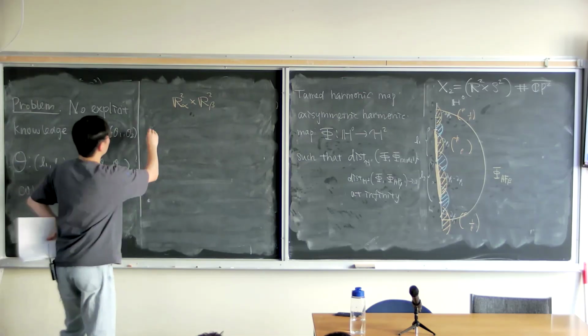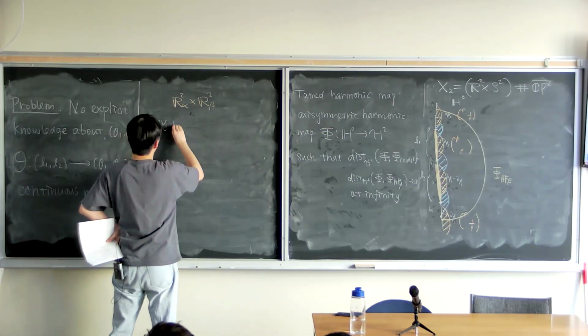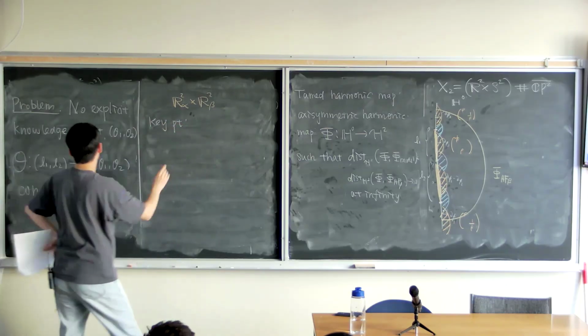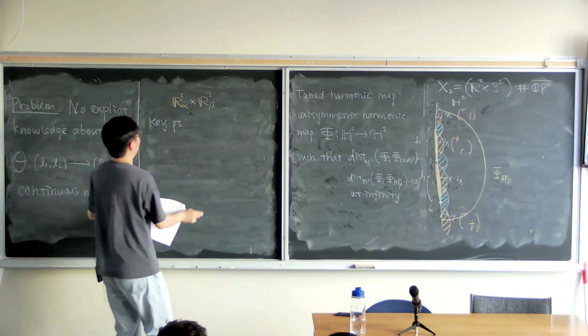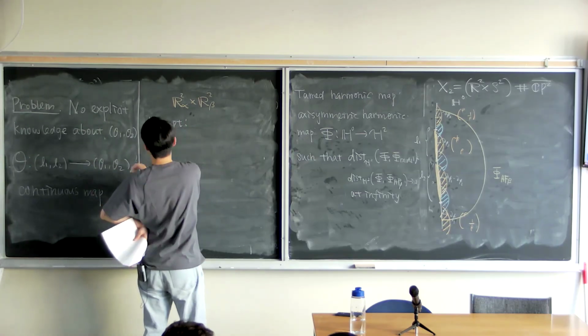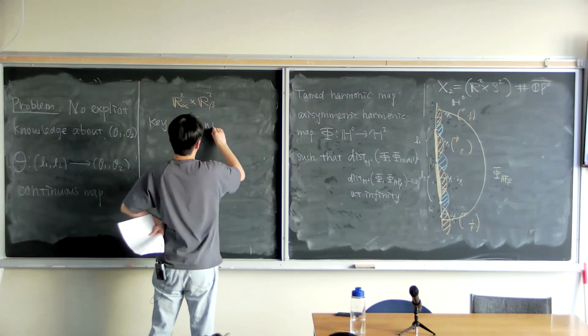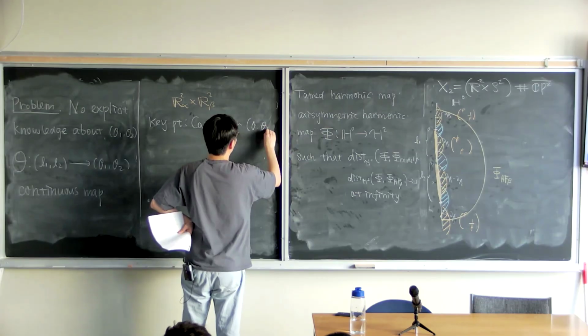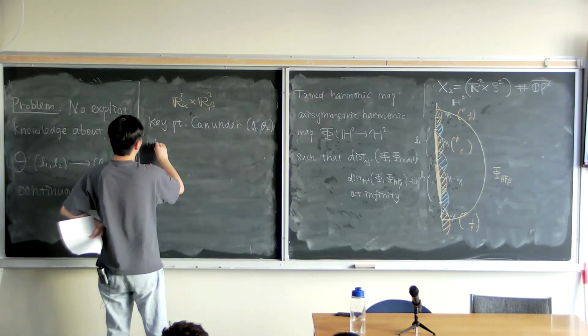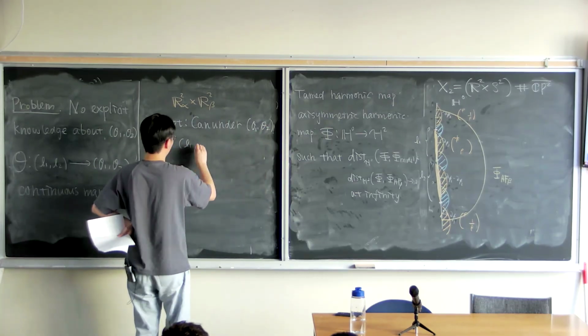And the key point is, although we don't have explicit knowledge about these two angles, we can understand the behavior when L1, L2 becomes very degenerate.